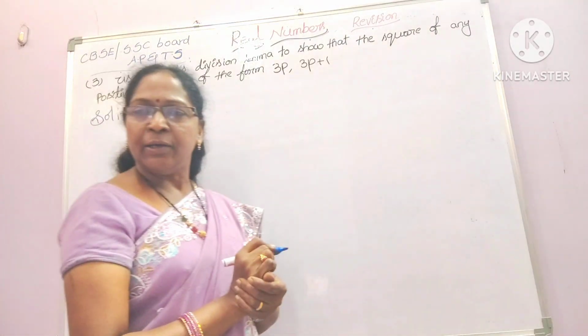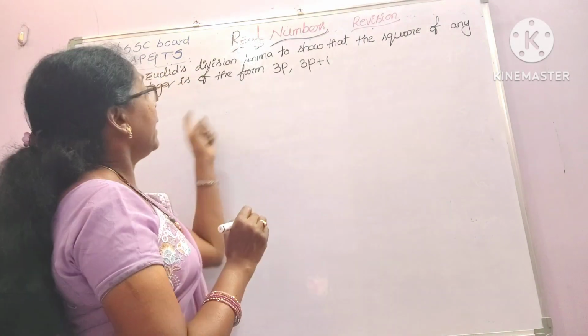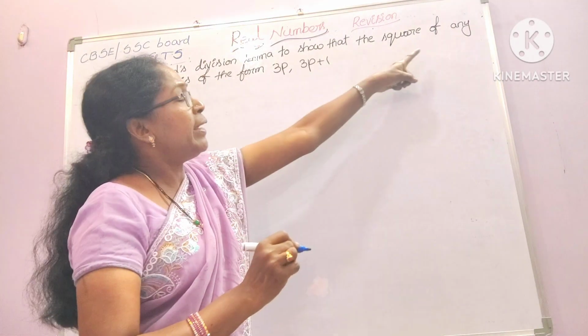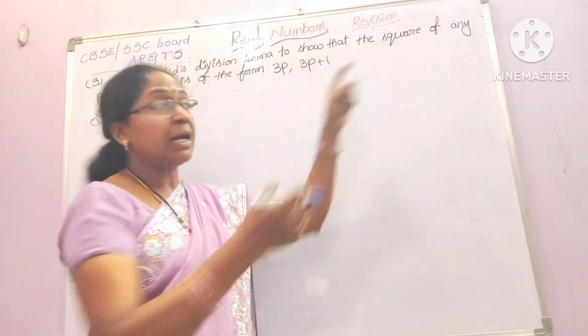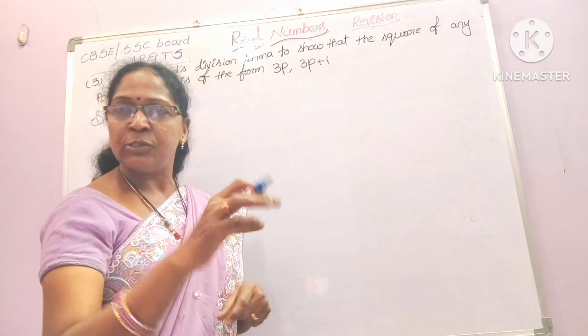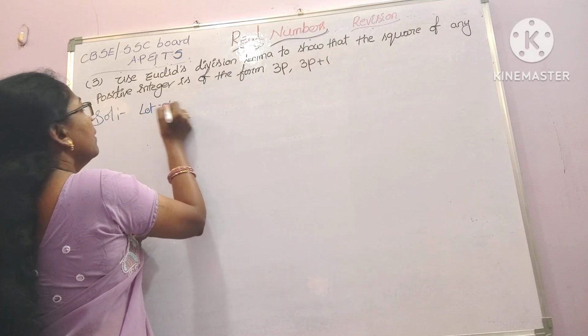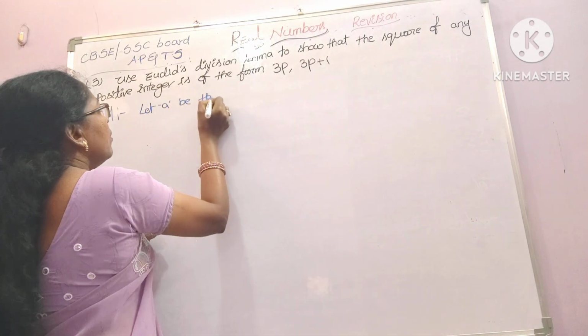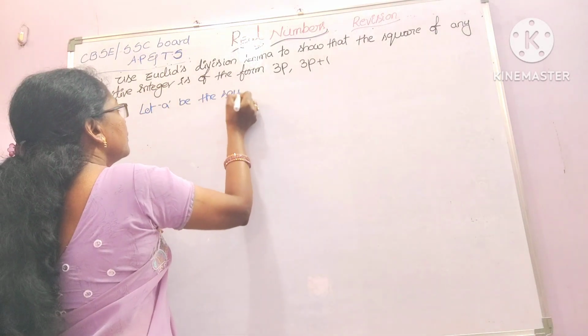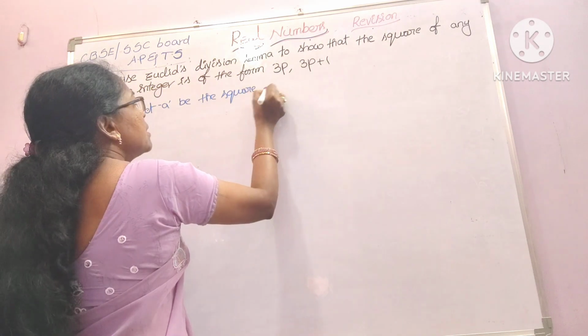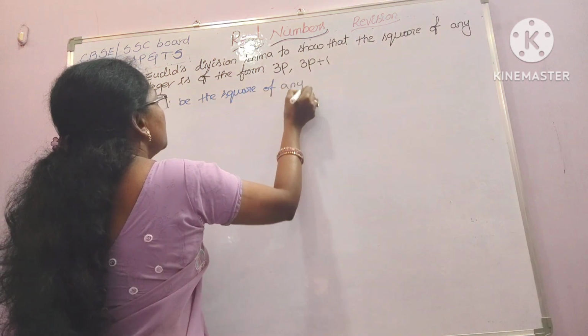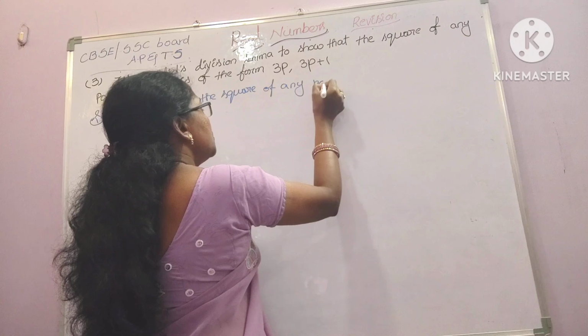First, you have to assume a and b. Let a be the square of any positive integer. Whatever the condition is given in the question, that you have to assume as the a number. Let a be the square of any positive integer.